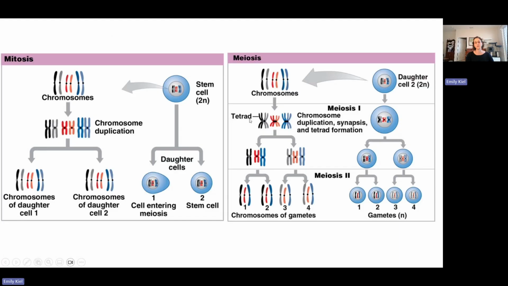So you've copied the chromosomes, but you've also paired it up with the other chromosome that codes for the same thing. This is known as the homologous chromosome, and that's where synapsis occurs and forms a tetrad. Tetrad because there are 4 kind of ends to it. It looks a little bit like an X.